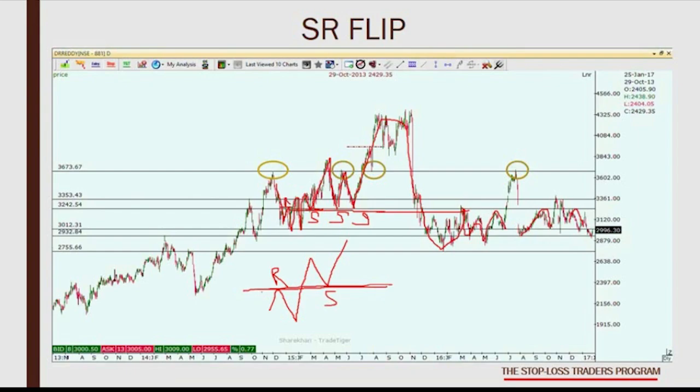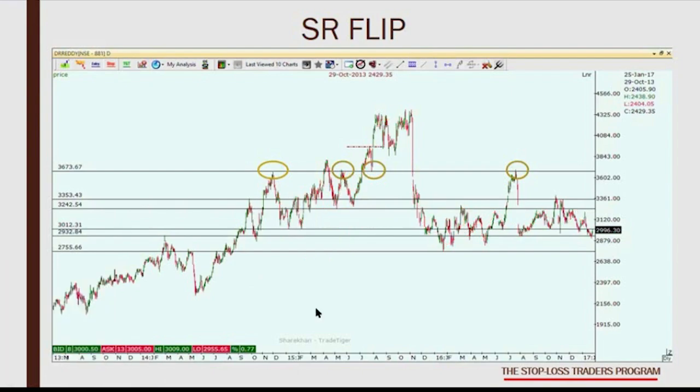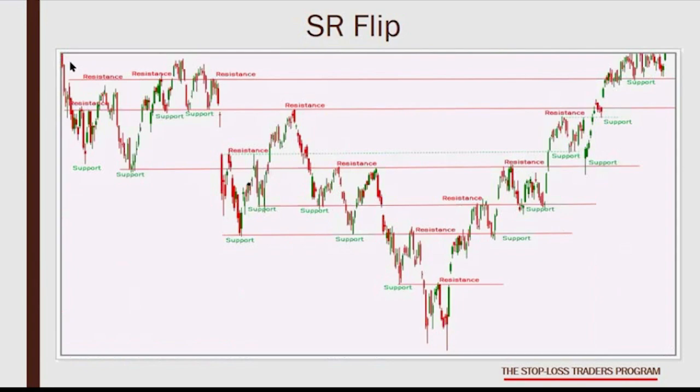Some SRs are so good that they give bounces more than 3 times, or may even become a permanent support or resistance, right? This happens in very few cases, but yes, they do happen in the price chart. We have examples for that. And some SRs may break after 1 or 2 taps as well, right?